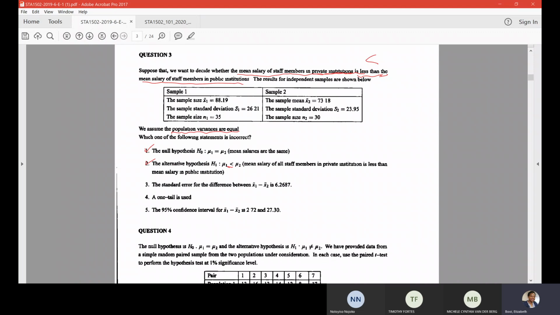The standard error for this, what will be the standard error?